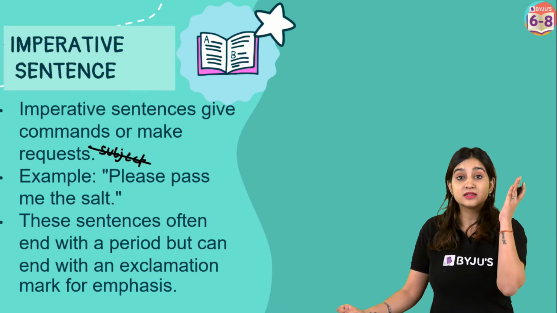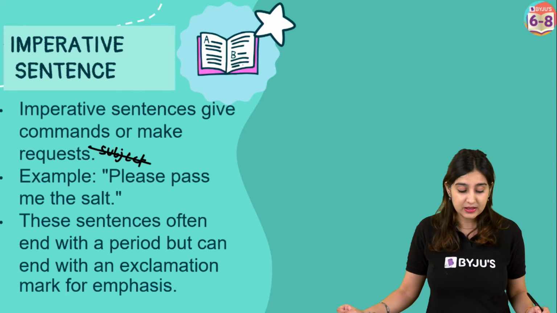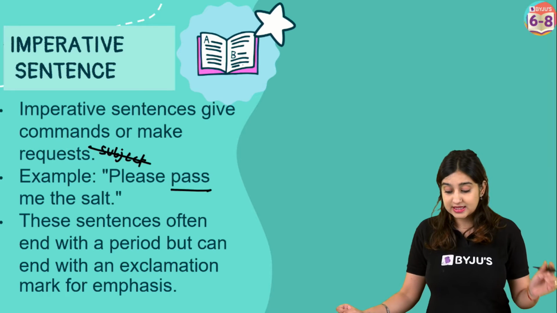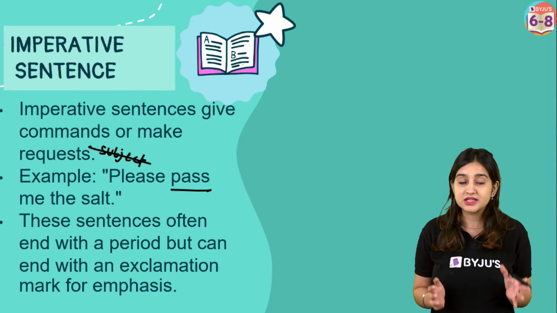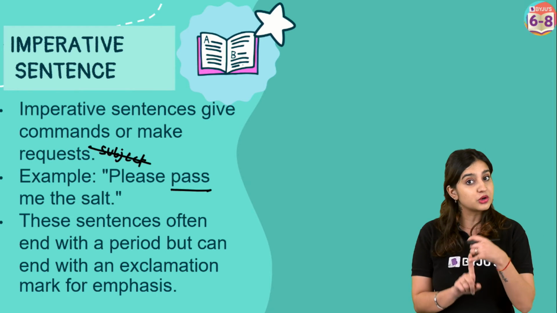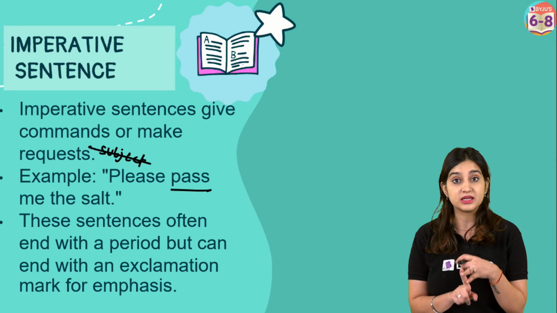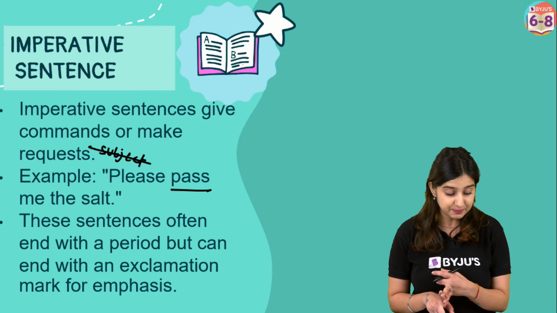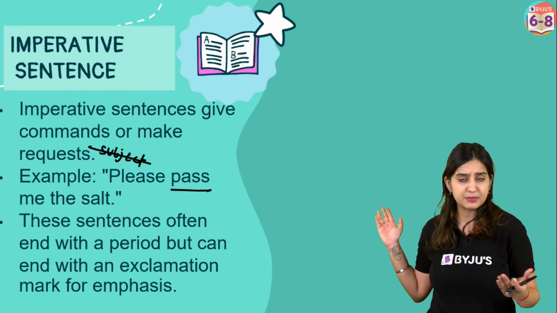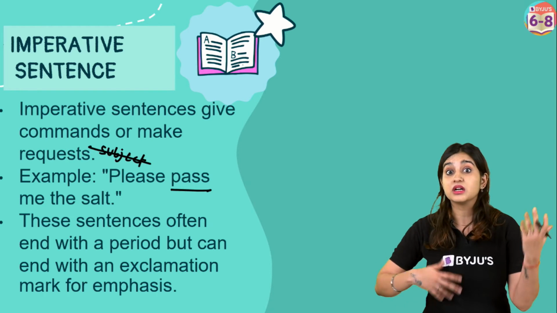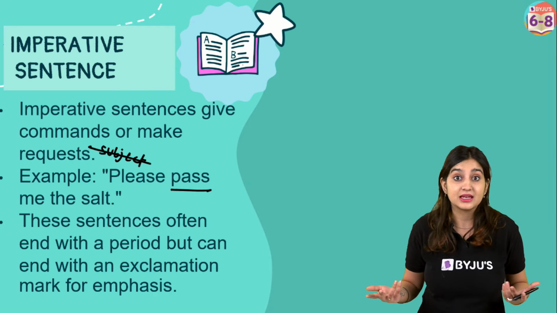The sentence starts directly with please. And the verb is in simple present tense. So the way to recognize an imperative sentence is just that it's not going to have a subject and the verb will be in simple present tense. Now these can end in a full stop like this example that you just saw, or if it's a command, then it can also end in an exclamation mark.